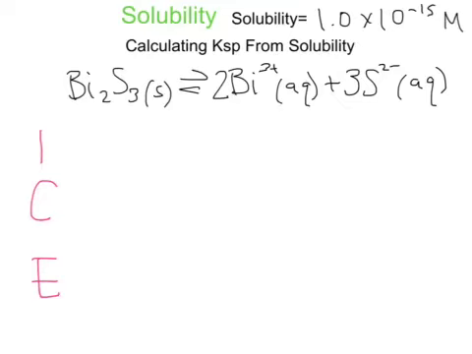Using this ice chart, you can then calculate the concentrations of Bi3+ and S2- after the solution is saturated at equilibrium. The concentration of the solid is irrelevant when calculating KSP.